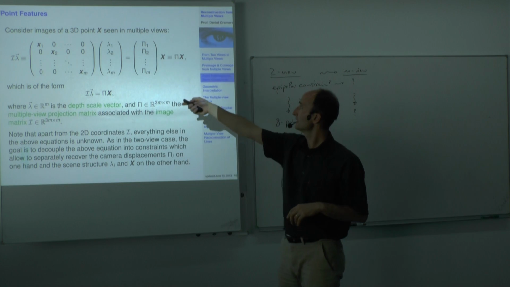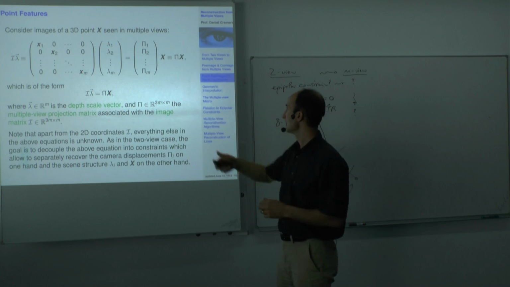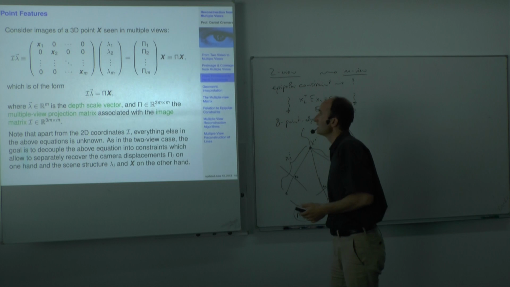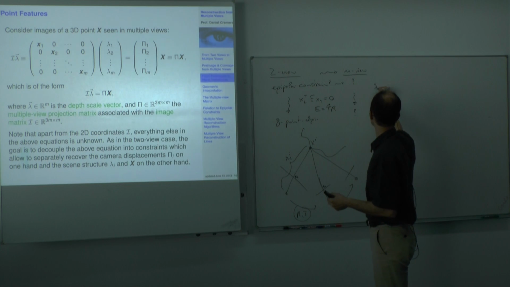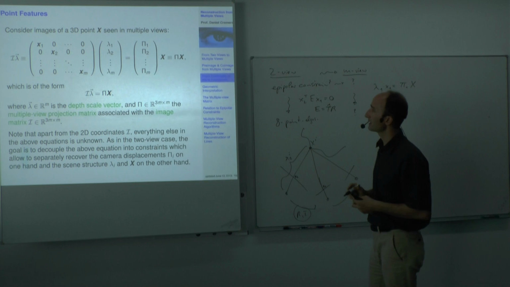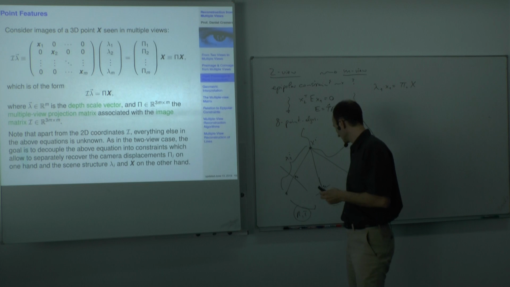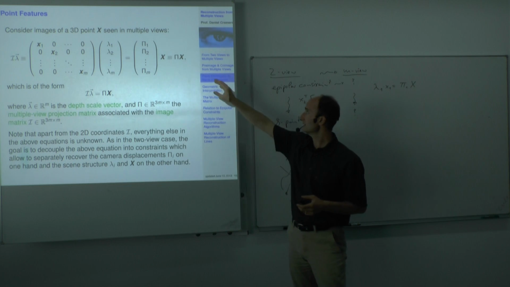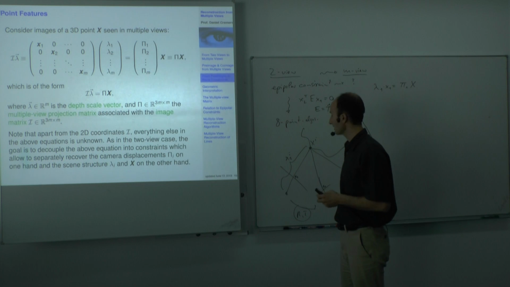So we have the projection equation. If you read the first equation, it says lambda 1 x1 is pi 1 times large X. And pi 1, to remind you, includes the rigid body motion to the first camera and the generic projection.